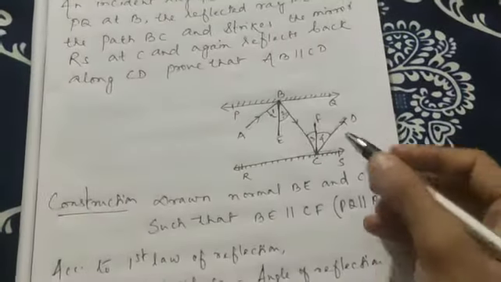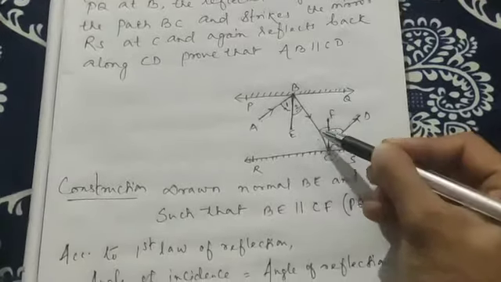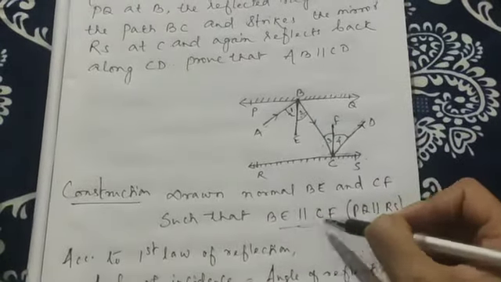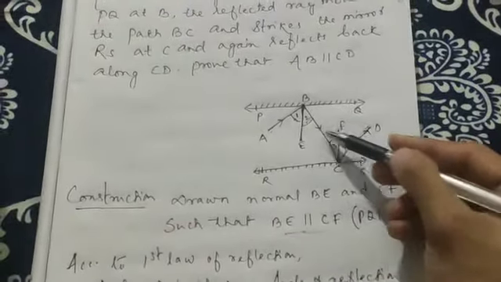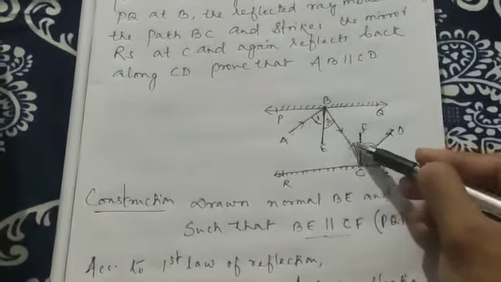Now see, since BE is parallel to CF, which we have written here, these two lines are parallel and BC is the transversal. So angles 2 and 3 are alternate angles.